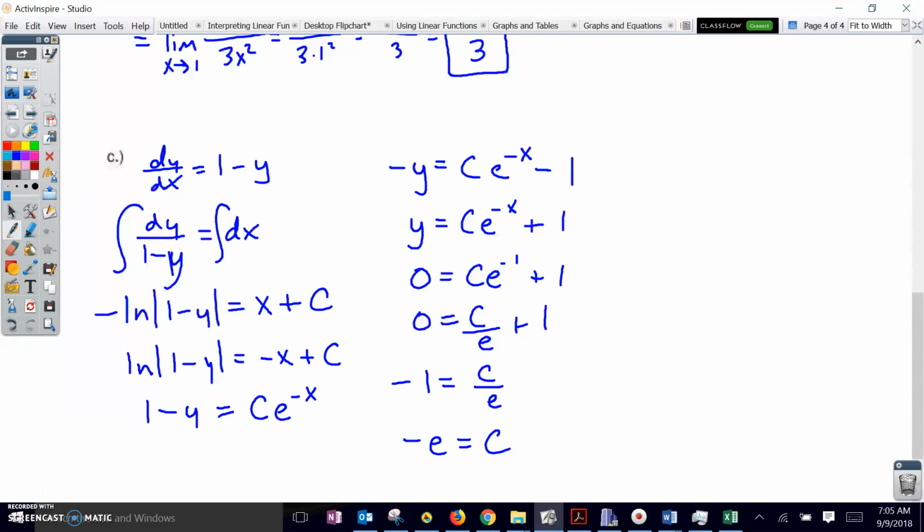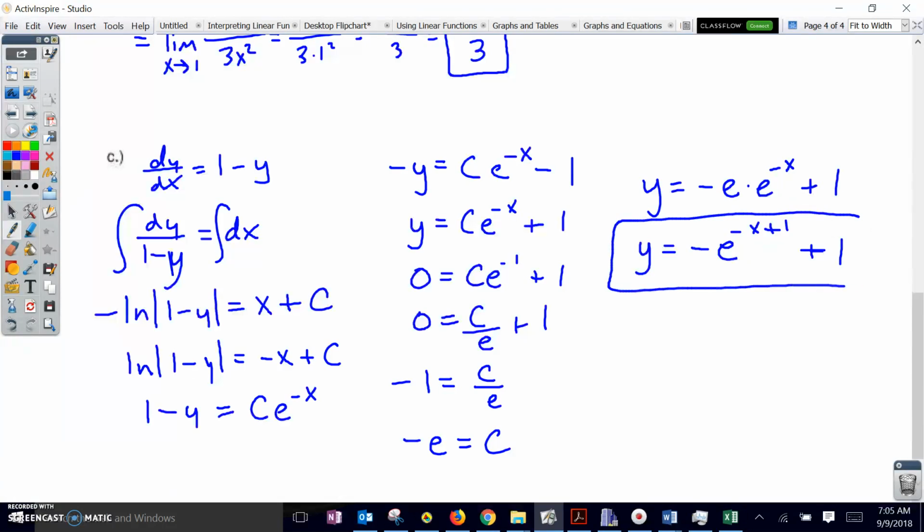So this turns into y equals negative e times e to the negative x plus 1. And I can multiply those e's together and add their exponents. And I end up with this being the particular solution to that differential equation with the given initial condition.